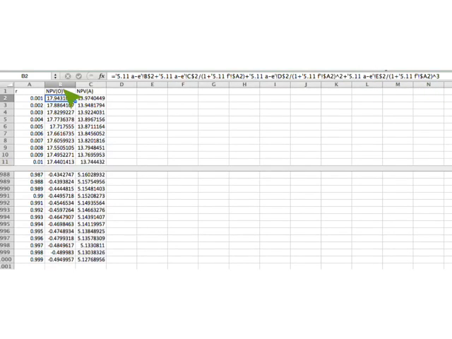I pulled that over to make the similar formula for the accountant, and that's why I had to anchor all these cell references. Also, I'm going to fill down, so I had to anchor those cell references, and I anchored the cell references to the values too.